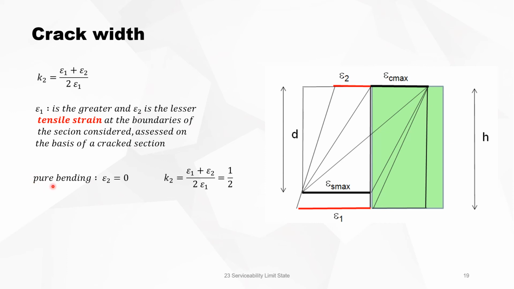So if you give an example for pure bending, then we get this line here. For pure bending, epsilon 2 is 0 and epsilon 1 is there. So if we use this formula, you will see K2 equals 0.5. And for pure tension, epsilon 1 and epsilon 2 are equal. If you fill it in this formula, you find K2 is 1.